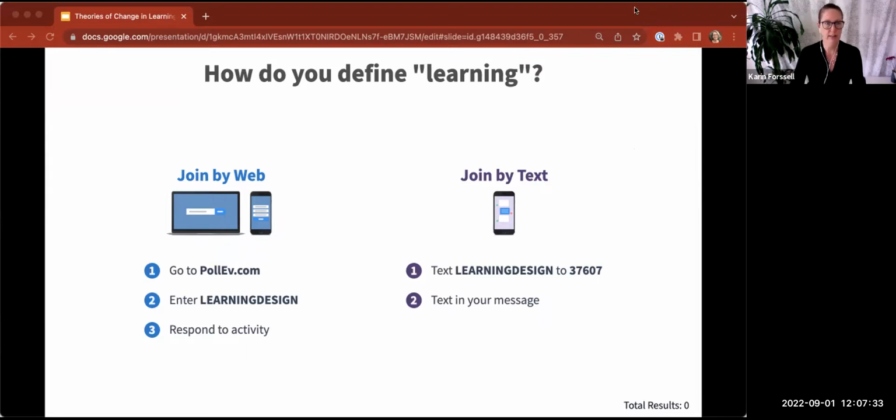How do you define learning? Everybody getting in there okay?